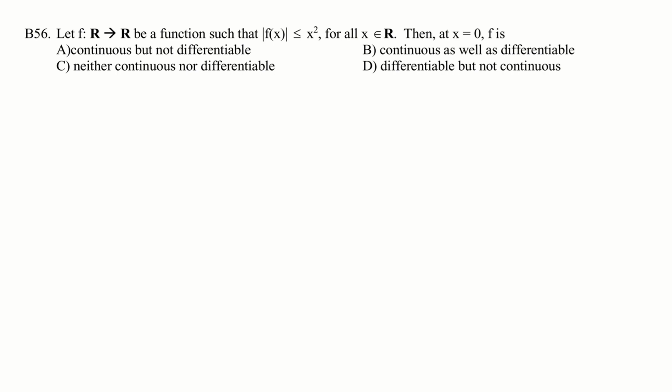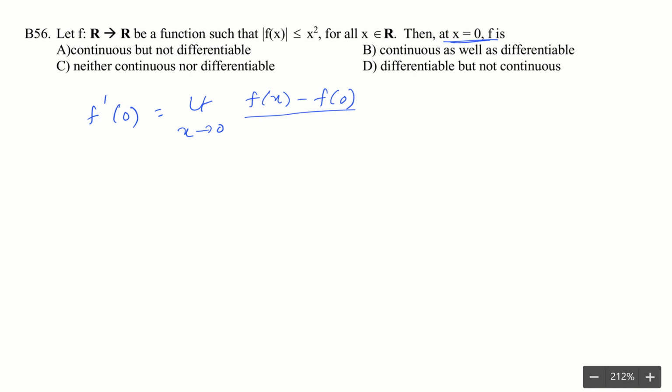Okay, we have seen a similar problem before. Now, I want you to observe that as we have to test continuity and differentiability at 0, let us first see for fun what is f dash of 0. By definition, it is limit x tends to 0 of (f of x minus f of 0) by (x minus 0).